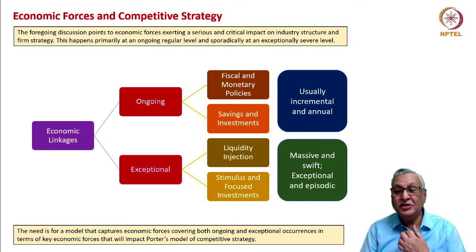Exceptional ones are liquidity injection, stimulus and focused investments. These tend to be massive, episodical, swift and exceptional. The need is for a model that captures economic forces, covering both ongoing and exceptional occurrences in terms of key economic forces and their impact on the model of competitive strategy.